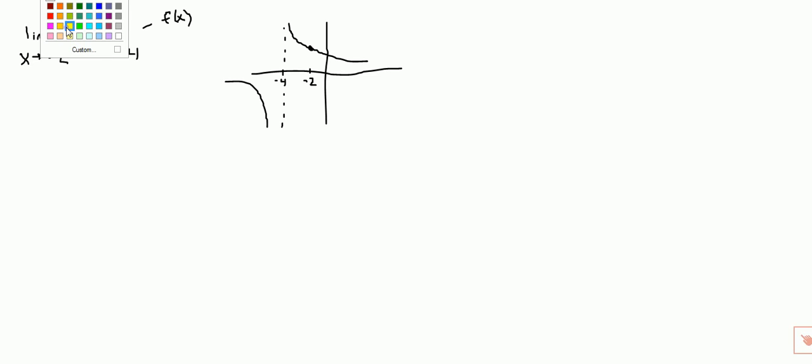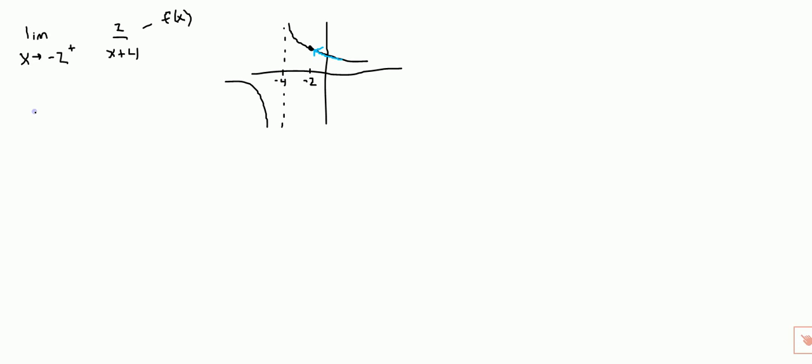So what the limit is asking me is, if I started over here and I approached negative 2 from the right, what value am I approaching on the curve? And that's just the value of the curve at that point. There's nothing really special going on at negative 2. There's no big jump like at negative 4.